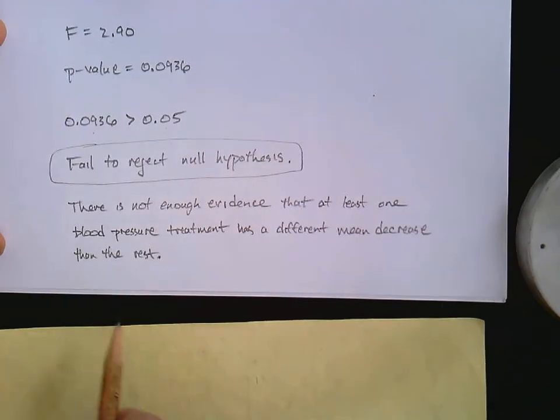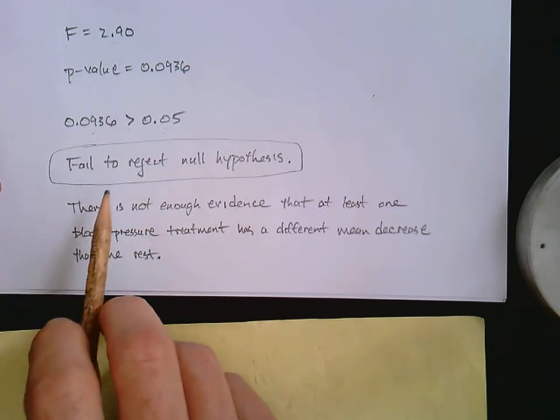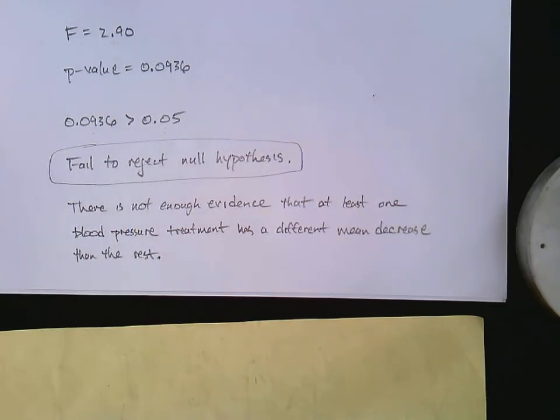And if you wanted the interpretation of that fail to reject in the context of the problem, we might say there is not enough evidence that at least one blood pressure treatment has a different mean decrease than the rest of the treatments. So we're kind of suspicious. Maybe, if we really thought that exercise was not as helpful as the other two, we could collect more data and do this test again.